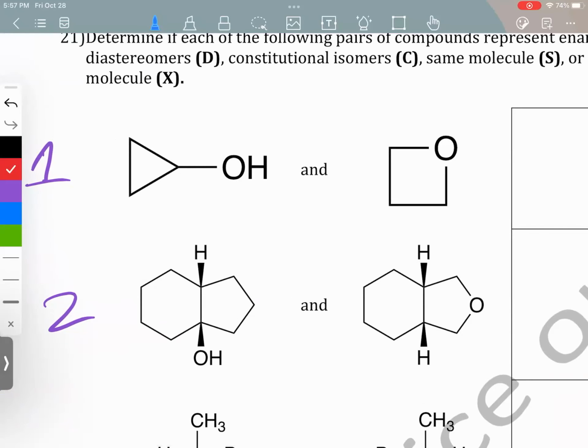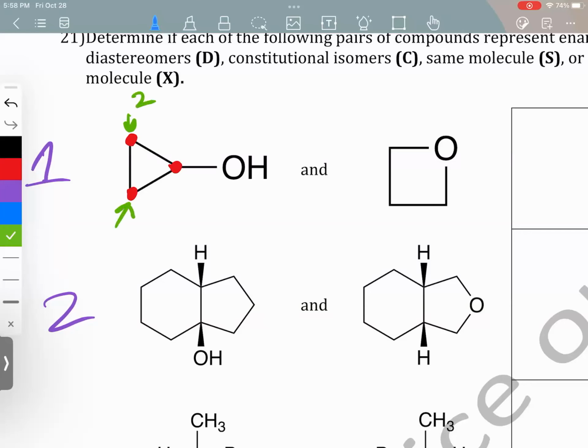How many carbons are in this cyclopropane? 3. Right, 1, 2, 3. So now you also have to count the number of hydrogens. How many hydrogens are in this molecule? This carbon has how many? 2.